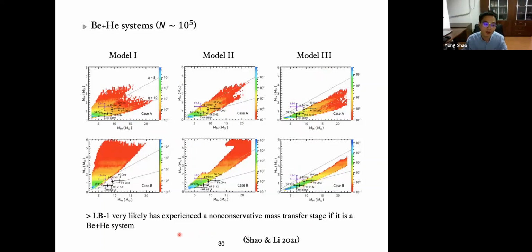So if LB1 is indeed a B plus hidden star system, we suggest that it very likely has experienced a non-conservative mass transfer, for example, our models 1 or 2.